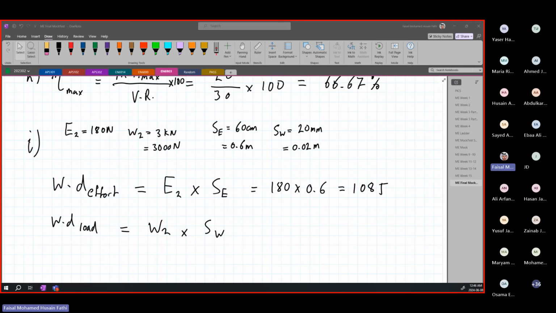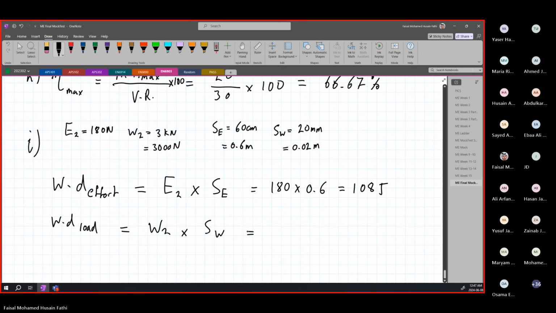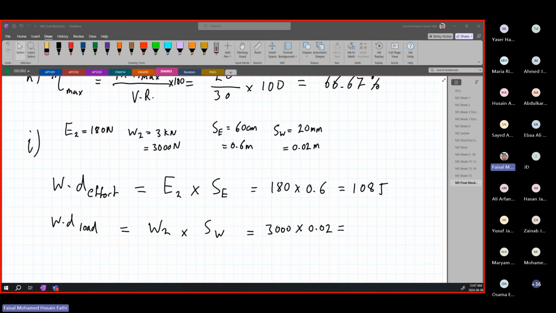And then you have your second one, which is your load, 3000 times your distance moved, which is 0.02, which is equal to 60 joules.